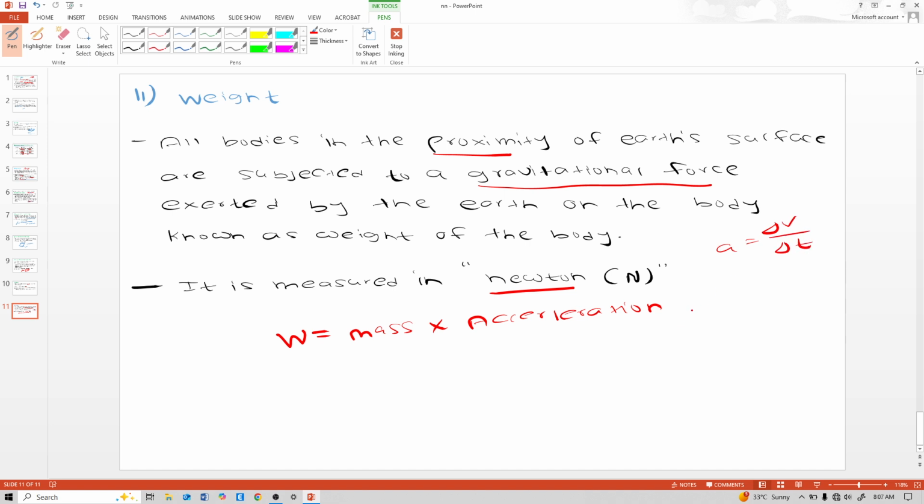So acceleration due to gravity. Here W is nothing but the weight in Newton, mass is in kg, and g is acceleration due to gravity. The value of g is 9.81 and the acceleration unit is meter per second square.